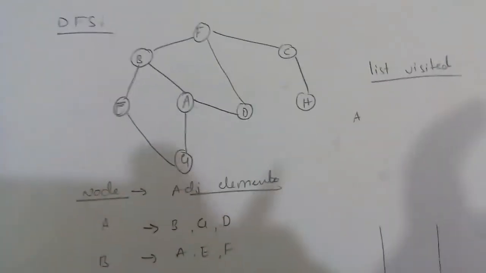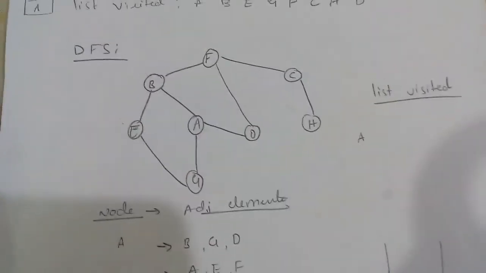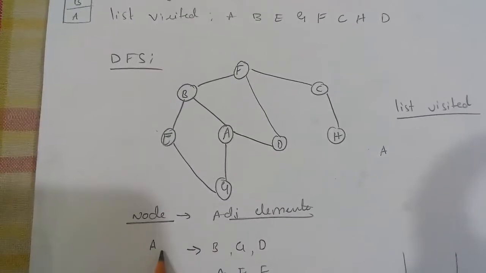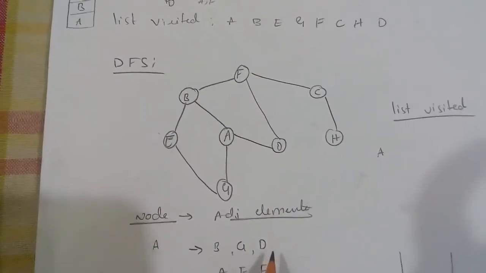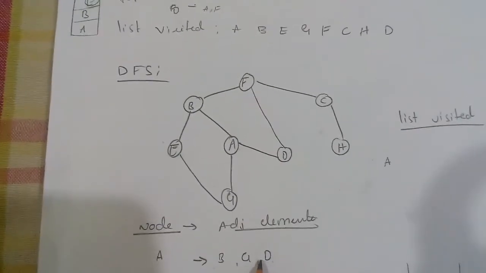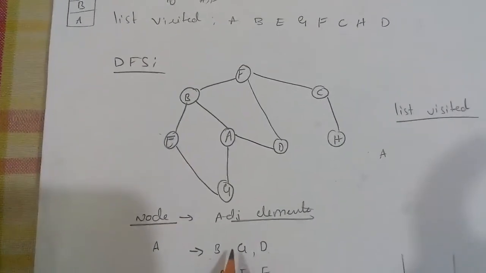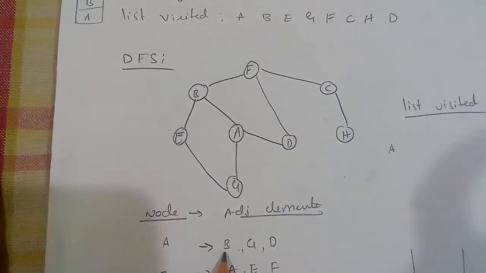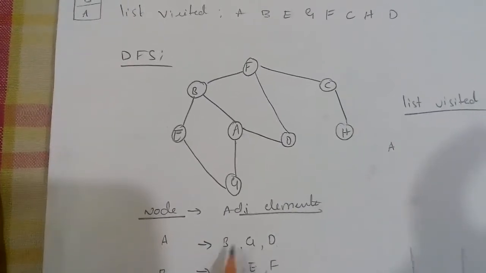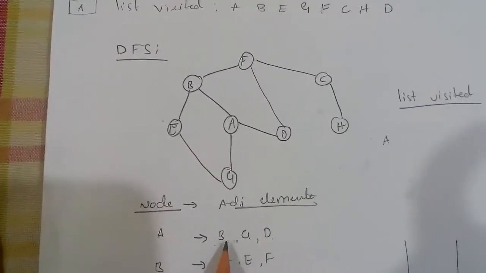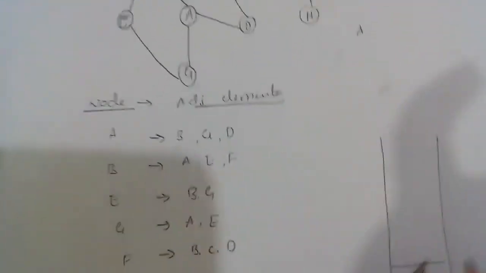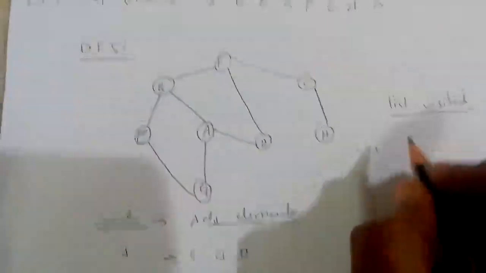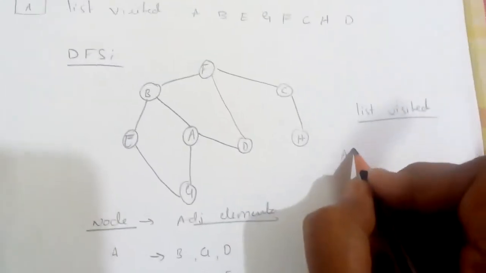The adjacent elements for node A are B, G and D. The one that is alphabetically closer to A is B. So now vertex B is pushed onto the stack and it is also added to the visited list.